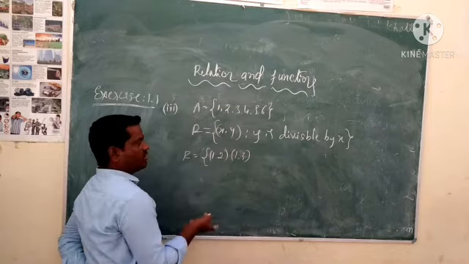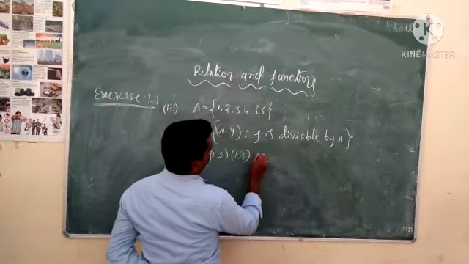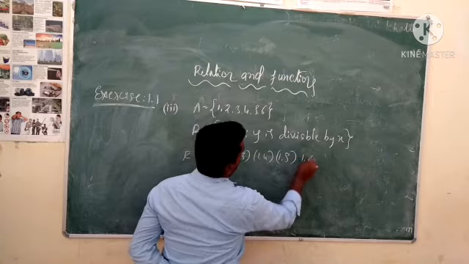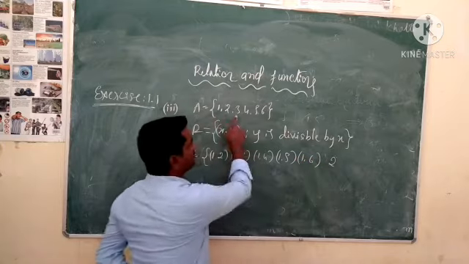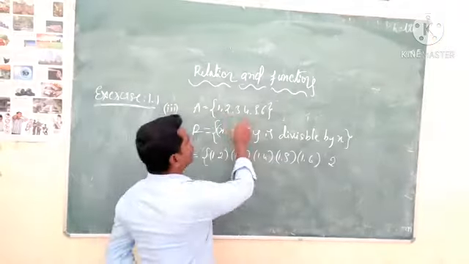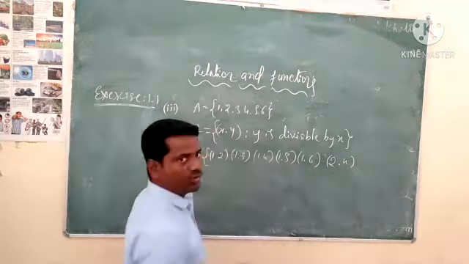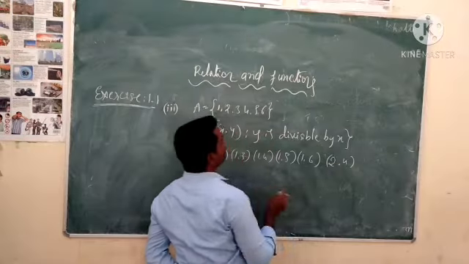If x is 1, y values 2, 3, 4 are all divisible: (1, 4), (1, 5), (1, 6). But (2, 3) is not applicable. (2, 4), yes, because 4 by 2 is divisible, 4 by 2 is equal to 2.